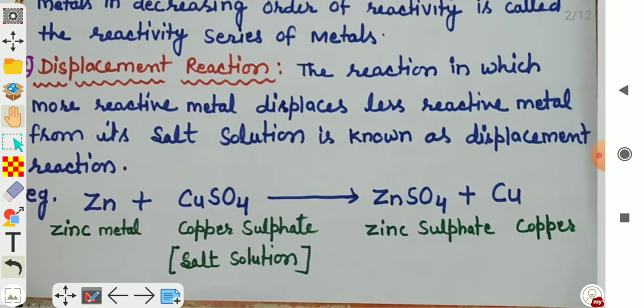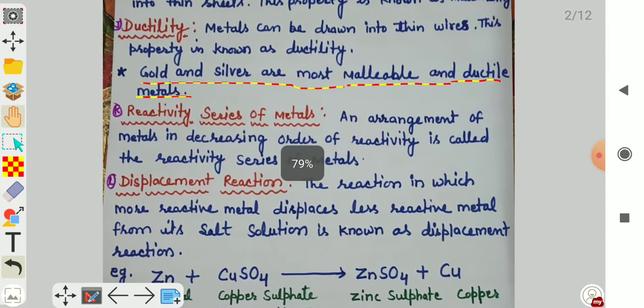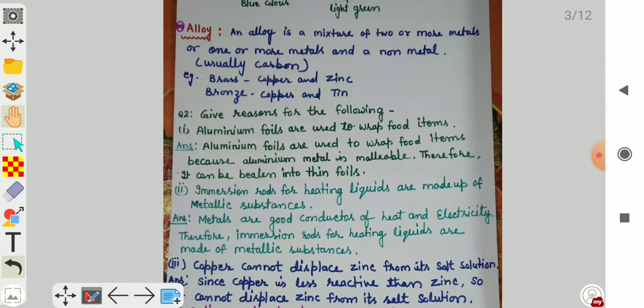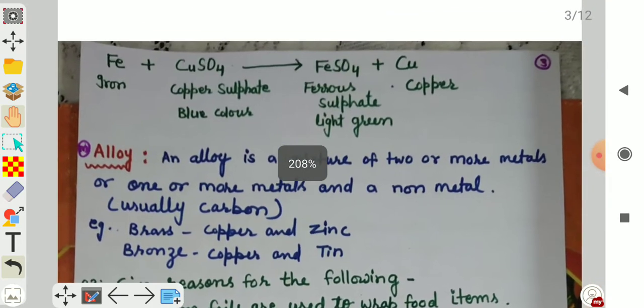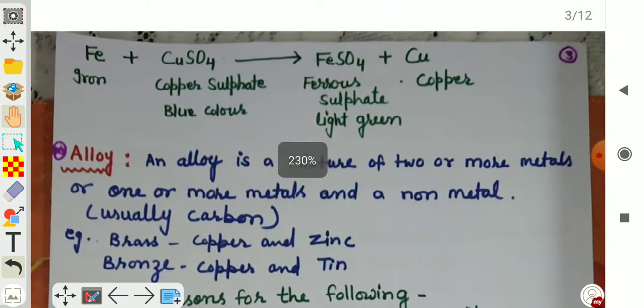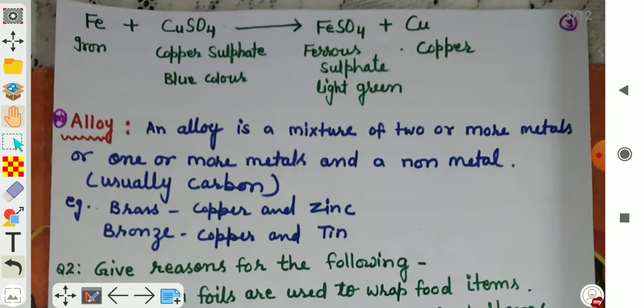Examples: when zinc metal reacts with copper sulfate, it is converted into zinc sulfate and copper is displaced from copper sulfate. Another example of this reaction is when iron reacts with copper sulfate, it is converted into ferrous sulfate and copper is displaced from copper sulfate.